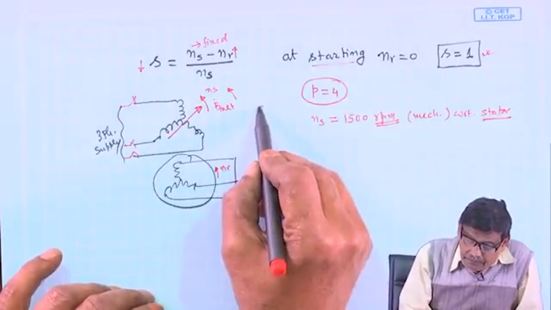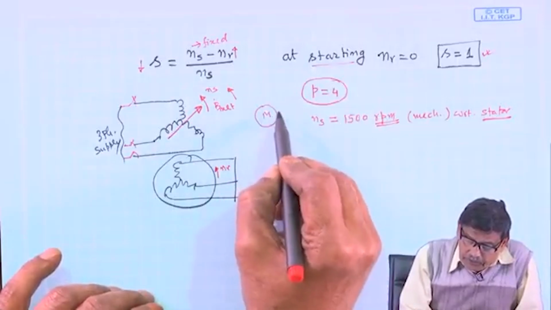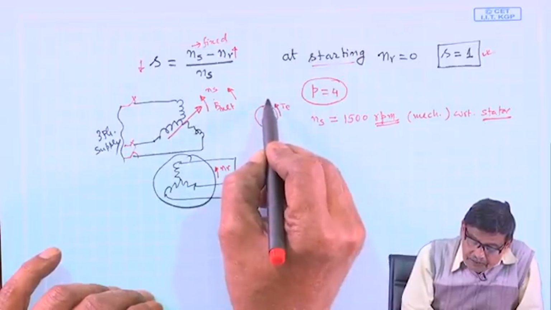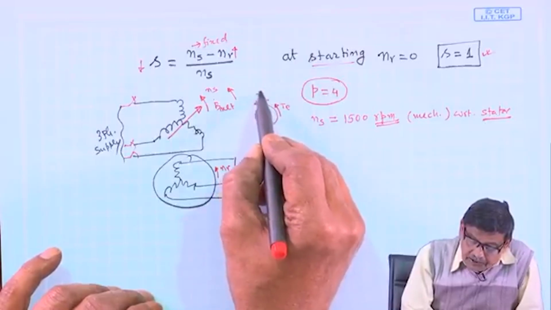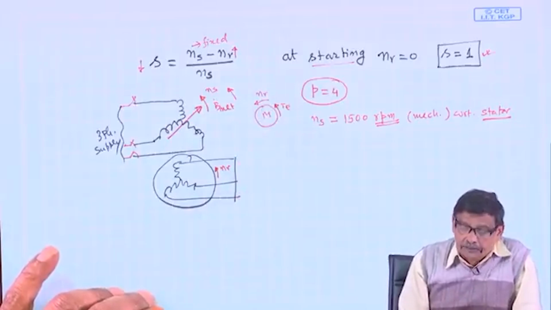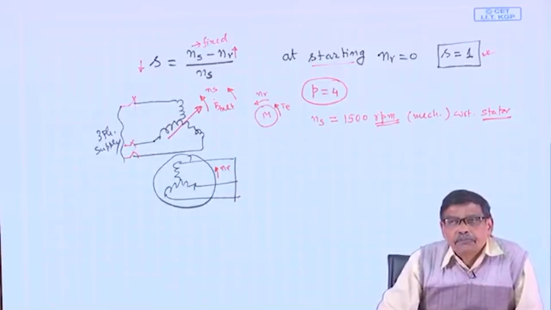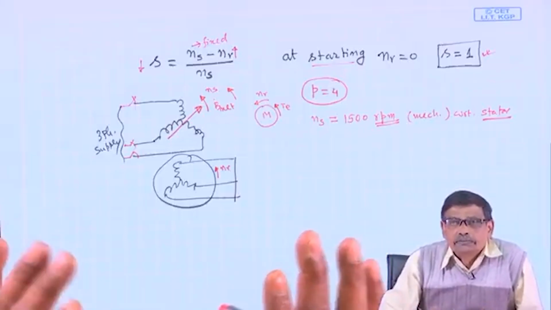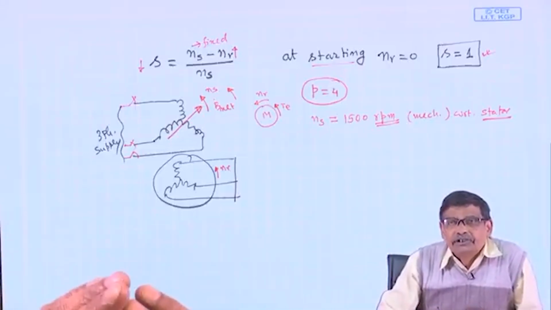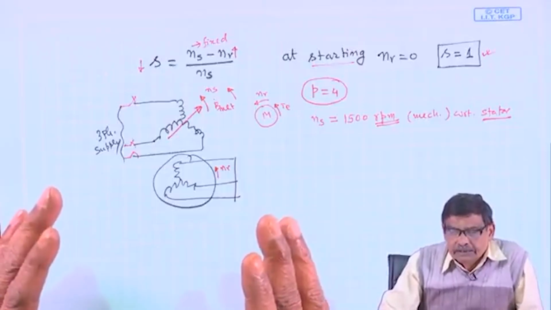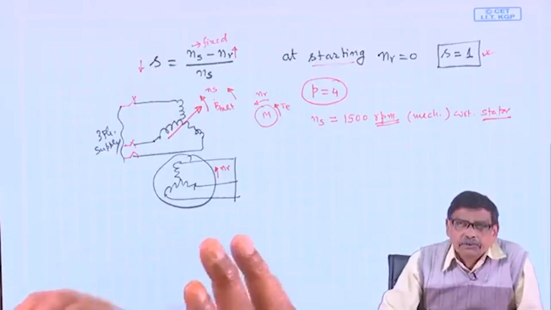Recall this diagram for a motor. If this is T, your direction of rotation is also in the same direction. Now, the question is, let us assume there is no opposing torque absolutely on the shaft, no friction, no air friction. It is a very ideal situation.